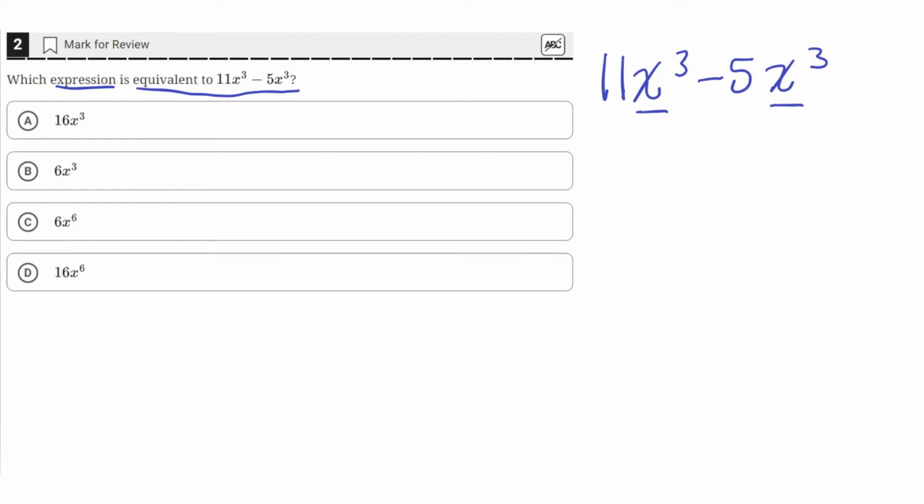So we can combine like terms by just adding or subtracting the coefficients. So here we can just do 11 minus 5. So 11 minus 5 is 6, and we just keep the x cubed term. So 11x cubed minus 5x cubed is just 6x cubed, which is answer choice B.